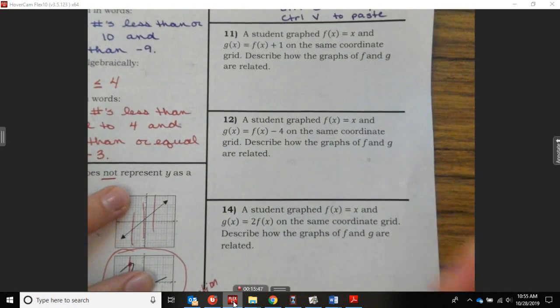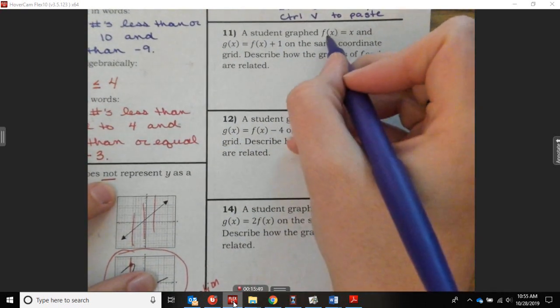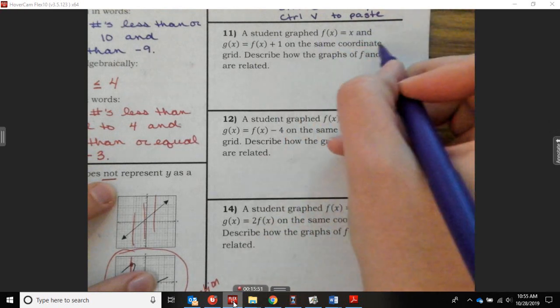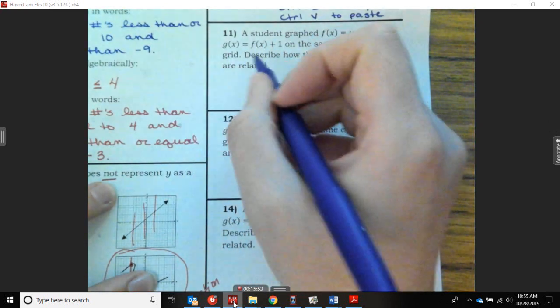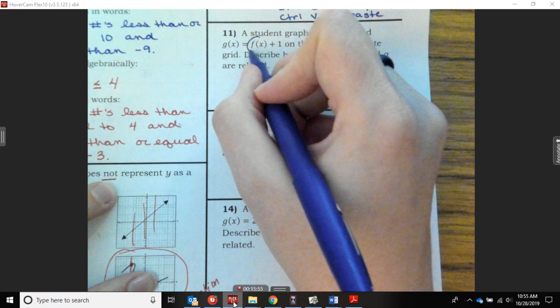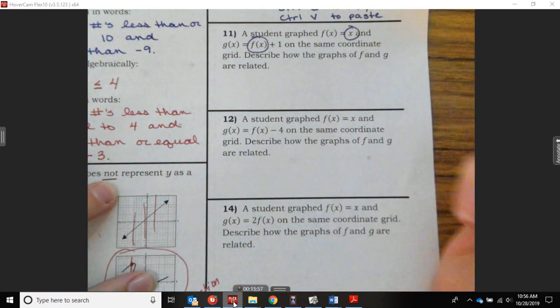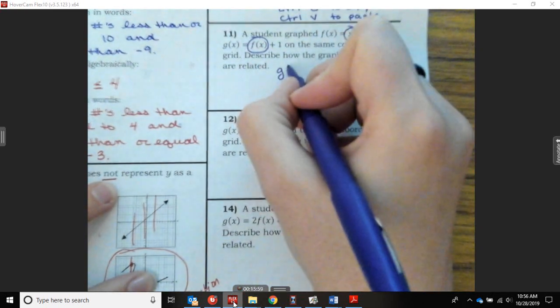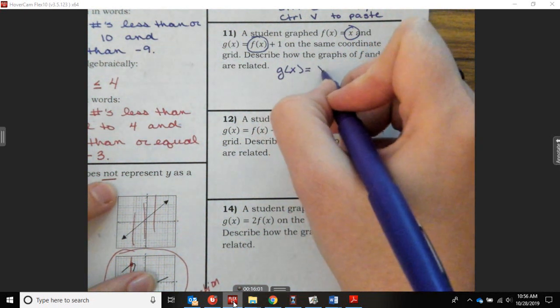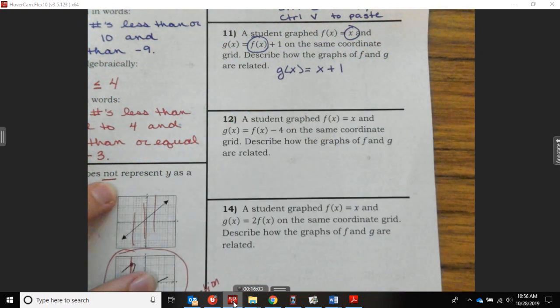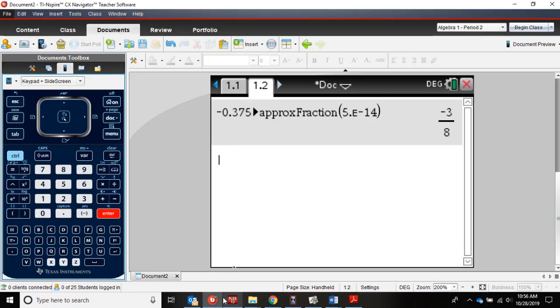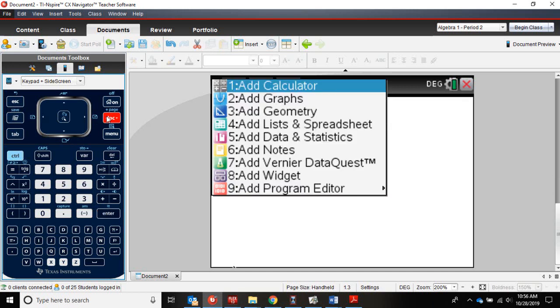All right, these last 3 are all about transformations, and so remember, f of x equals x, and then g of x is f of x plus 1, which means this f of x changes to x. So I have g of x equals x plus 1. If I were to go graph that, it will show you what happens.